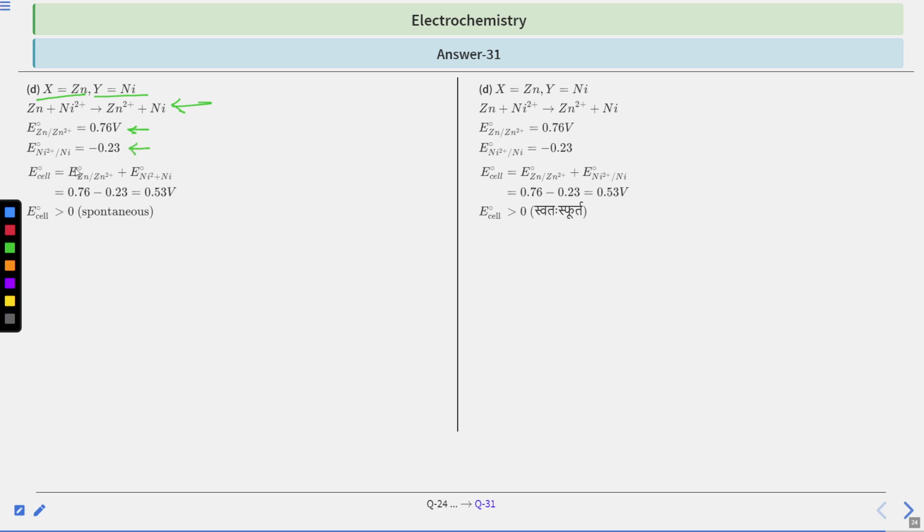So E naught of cell will be 0.76 plus minus 0.23, so 0.76 minus 0.23. We have to subtract them. It is 0.53 with a positive sign. So finally we have got the E naught value greater than 0, which is positive. And that's why this will be the spontaneous reaction.